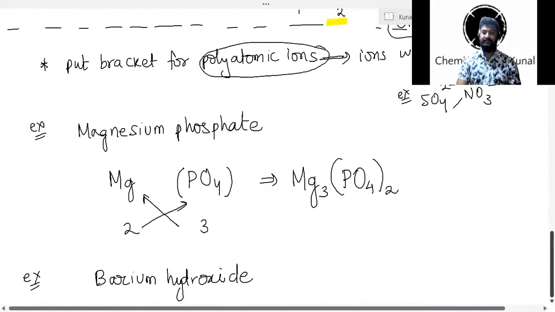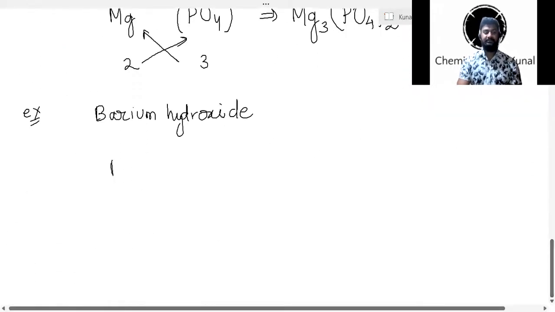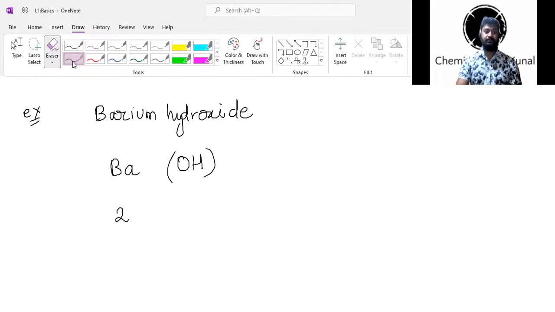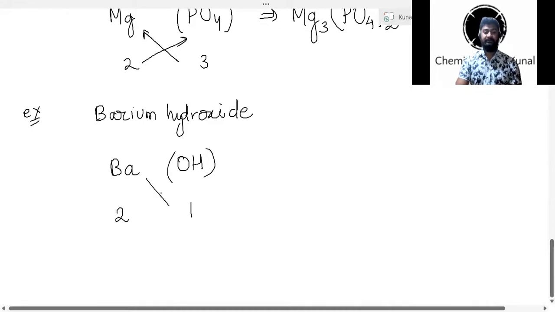Just write them without the sign of the charges. So barium is 2. Hydroxide, is it a polyatomic ion? Yes. So put a bracket always. Oh, sorry, the charge is 1. Cross multiply. What do we get? We get Ba(OH)2, barium hydroxide.